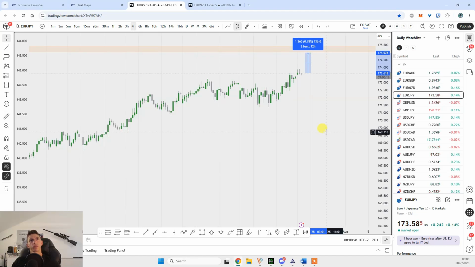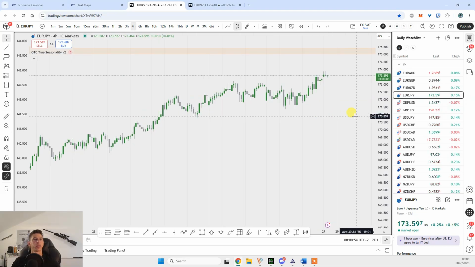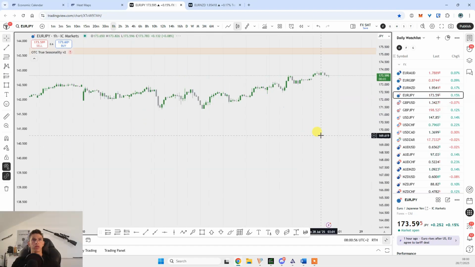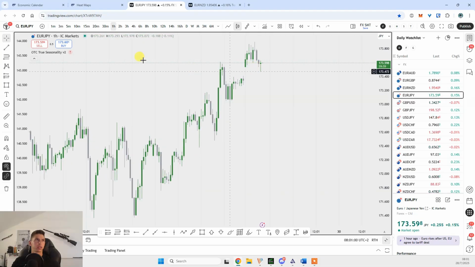We have, all right. 136 pips. 136 pips. Now we're gonna look for a demand area to jump into the trade. Oh, look at this. Huge hourly gap.